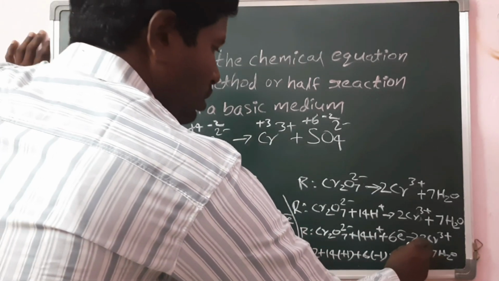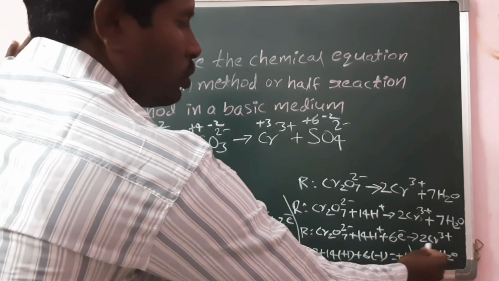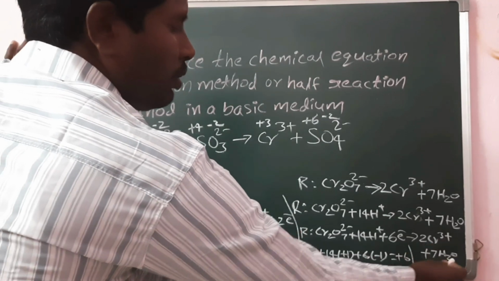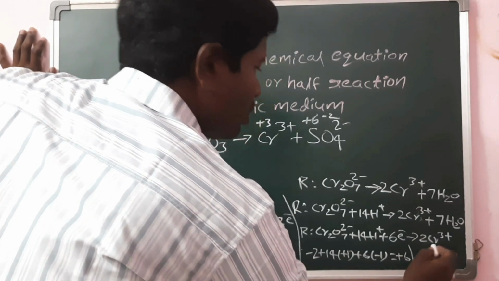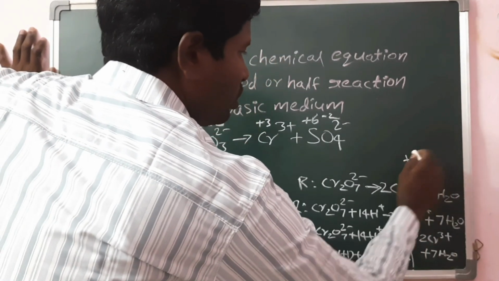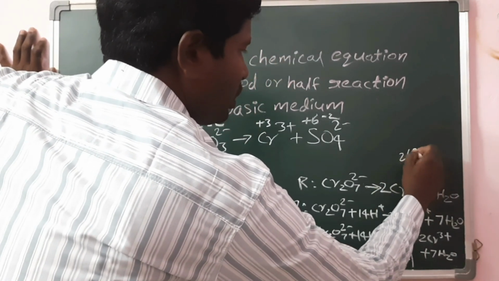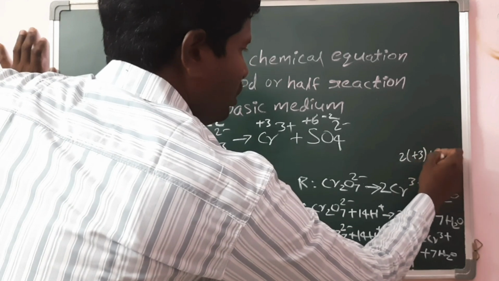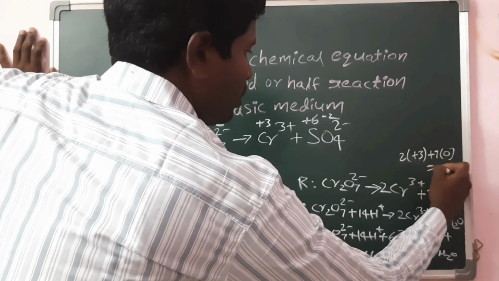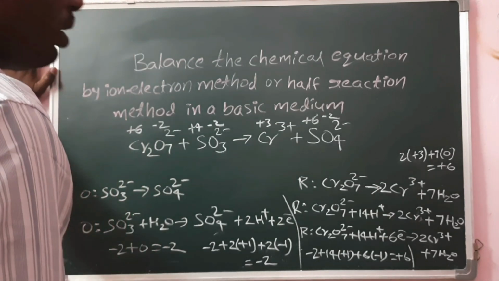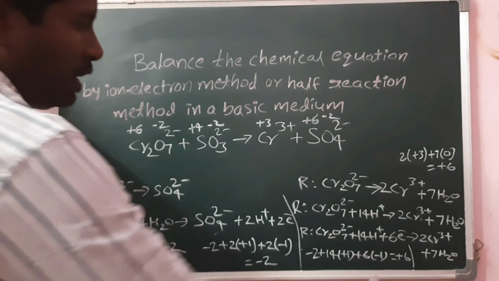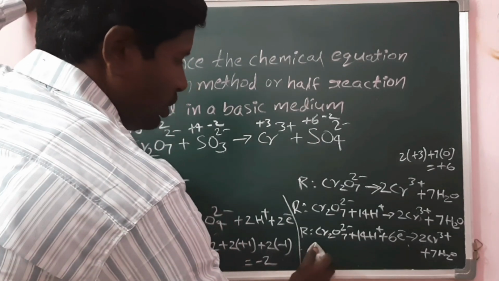So the right hand side: 2 into plus 3 plus 7 into 0, that equals plus 6, right hand side. Okay. Now the addition of charges is equal in the two half reactions.